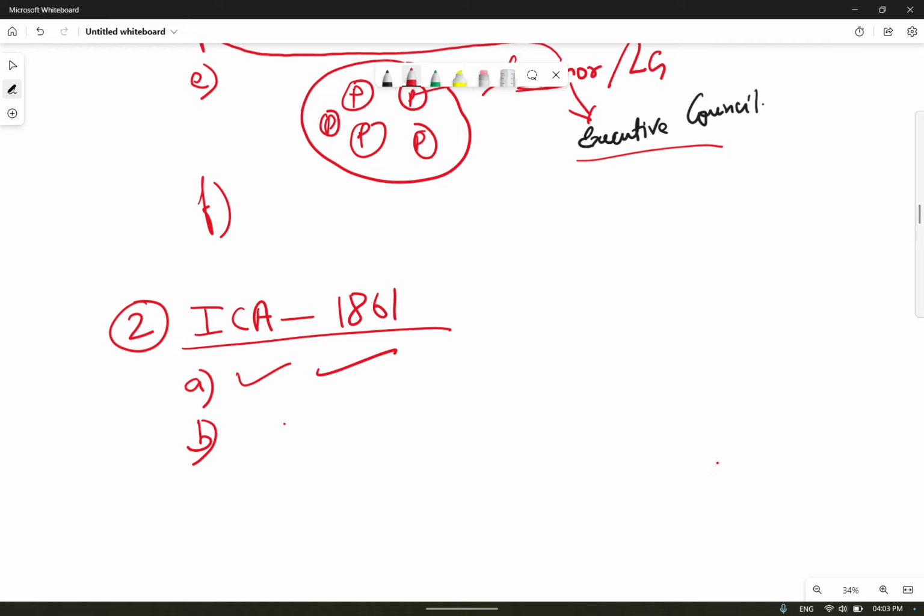Another important point: this act enabled the Governor General to associate representatives of the Indian people with the work of legislation by nominating them to an expanded council.